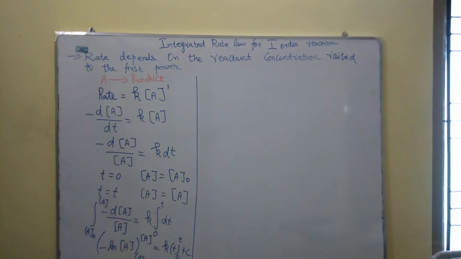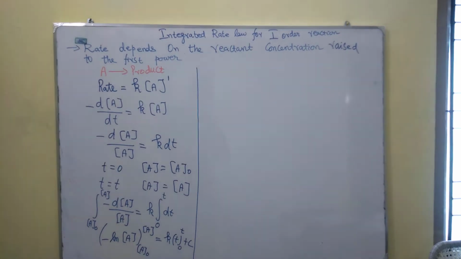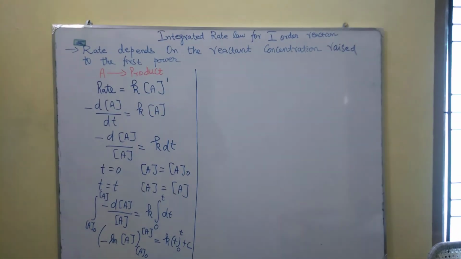So we have the expression minus ln A from A0 to A equals K t from 0 to t plus C.